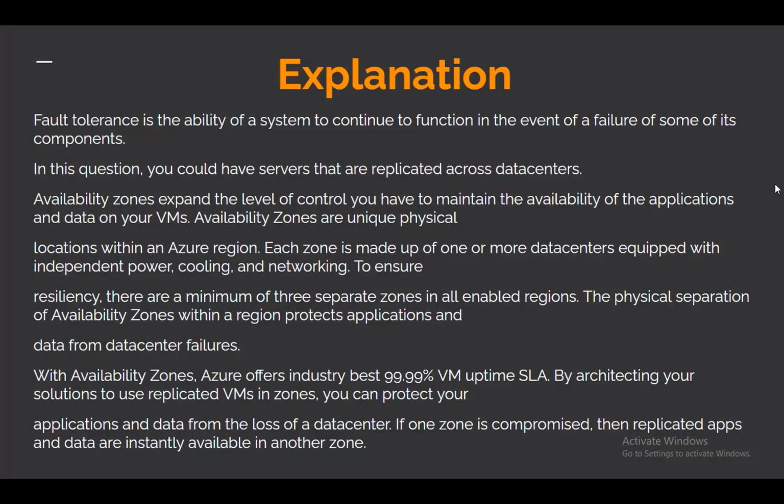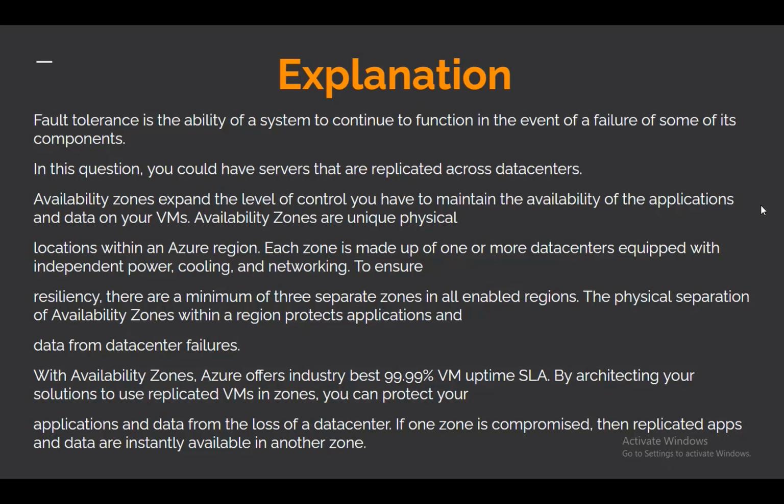Explanation. Fault tolerance is the ability of the system to continue to function in the event of a failure of some of its components. In this question, you could have servers that are replicated across data centers. Availability zones expand the level of control you have to maintain the availability of the applications and data on your VMs. Availability zones are unique physical locations within an Azure region.